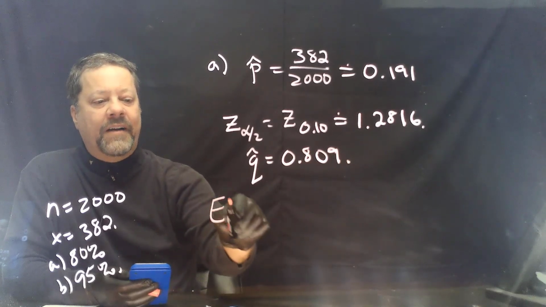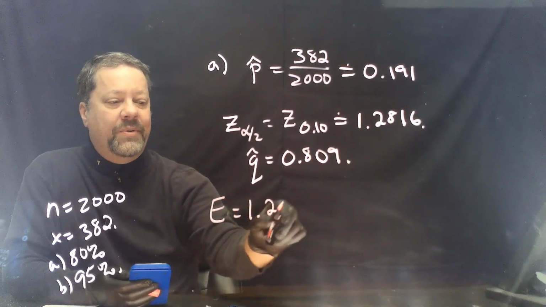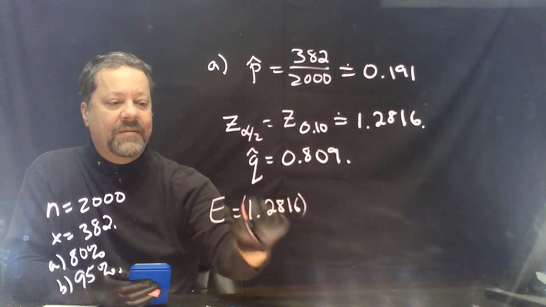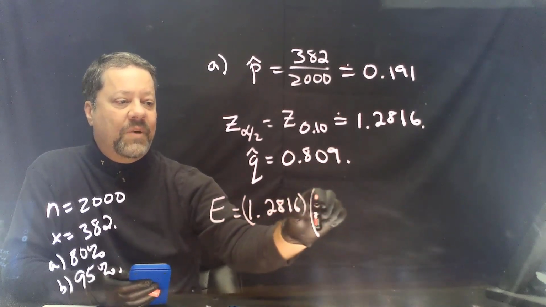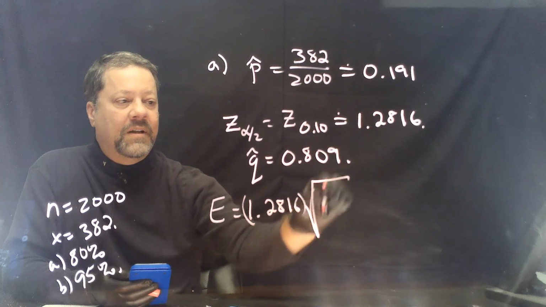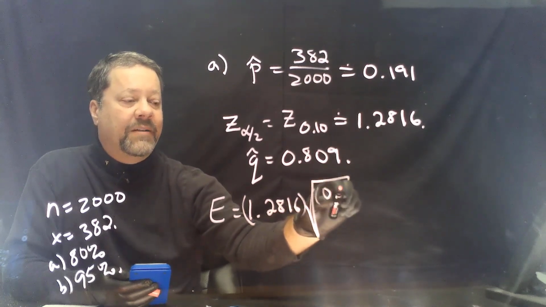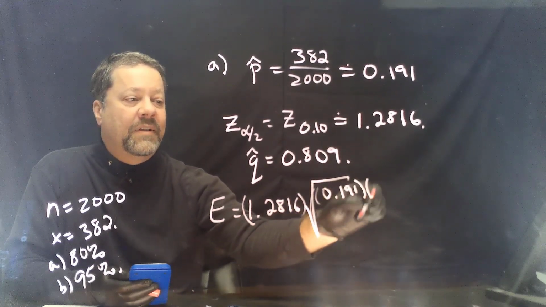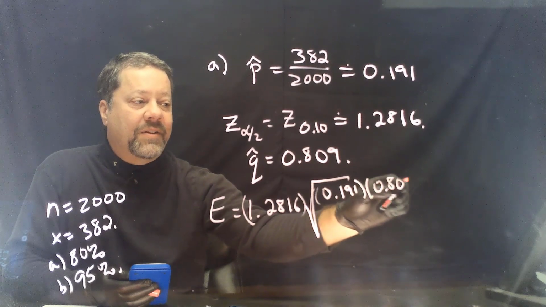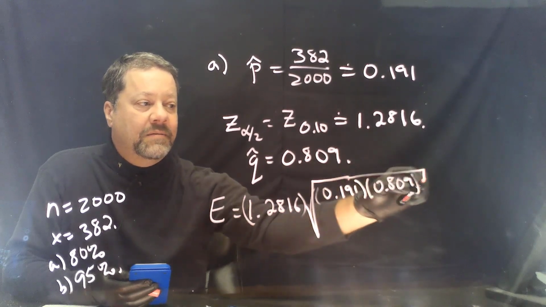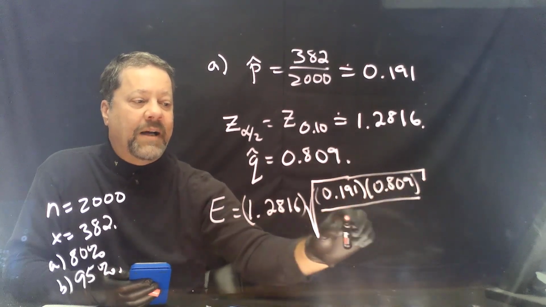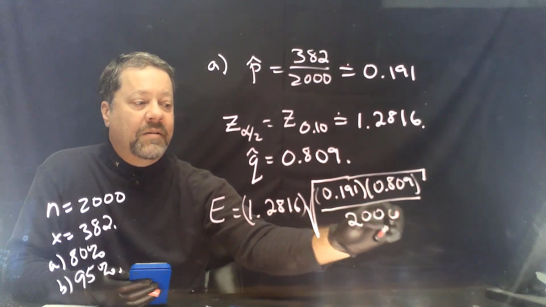Our margin of error then is going to be 1.2816 times the square root of 0.191 times 0.809 divided by 2,000.